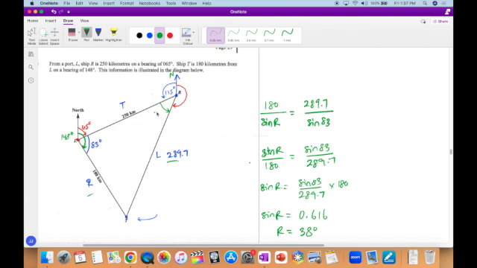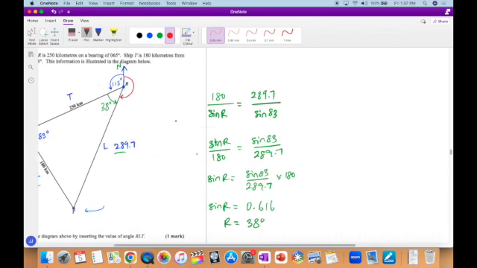So if R is 38 degrees, this angle inside here, therefore the bearing of T from R will be 360 minus the 115 plus 38.